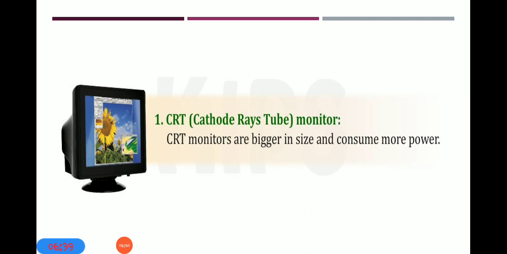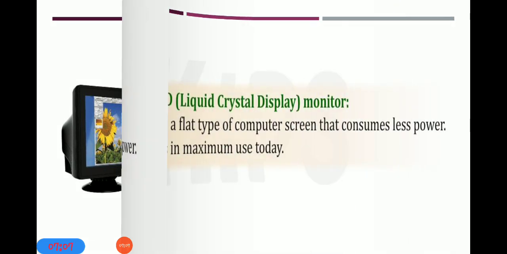So this type of monitor is called CRT, cathode ray tube monitor. CRT monitors are big in size and consume more electricity power. It means that whenever you start using this type of computer, it consumes more electricity. Clear? It takes so much electricity bill also with this CRT monitor.